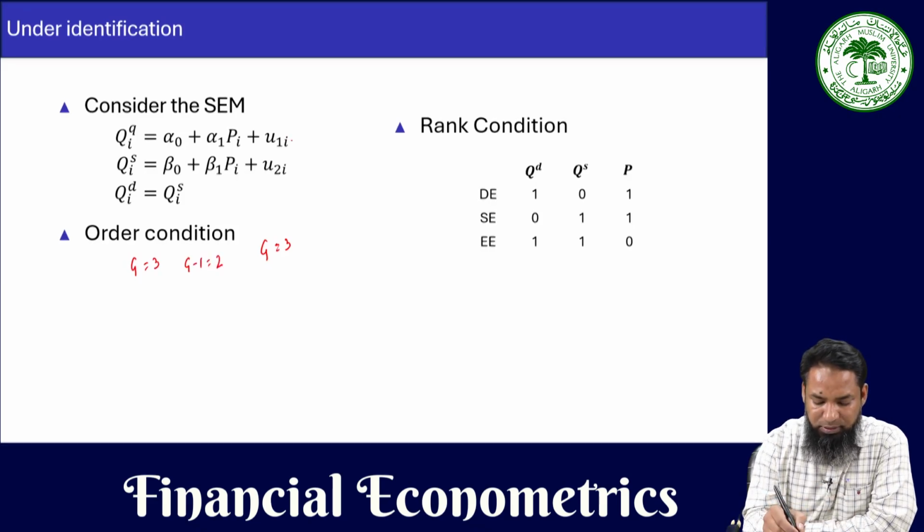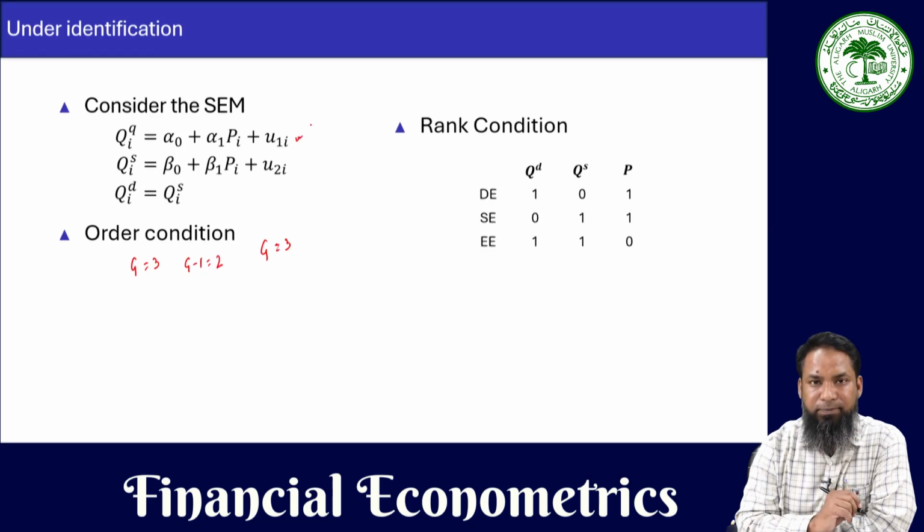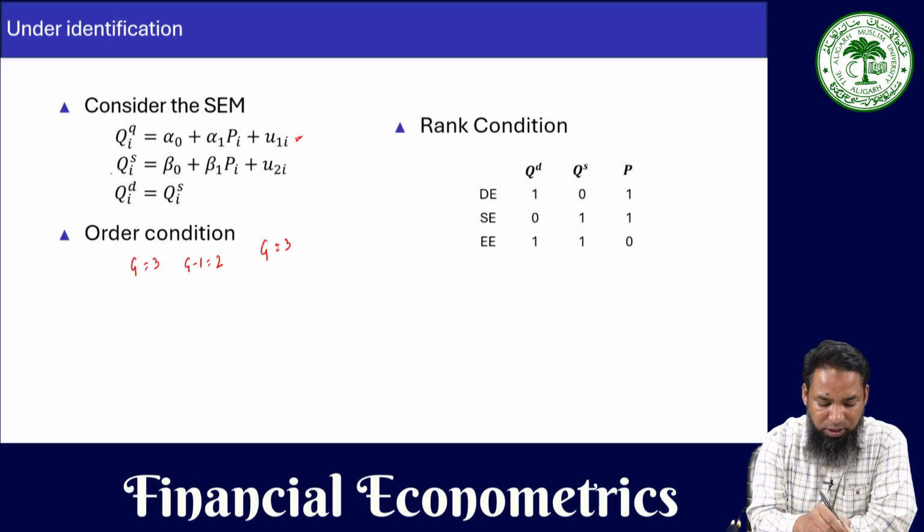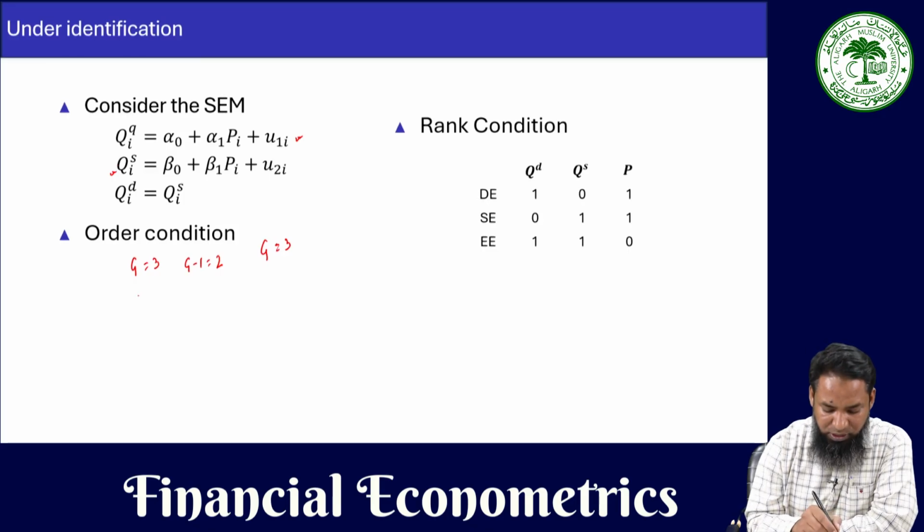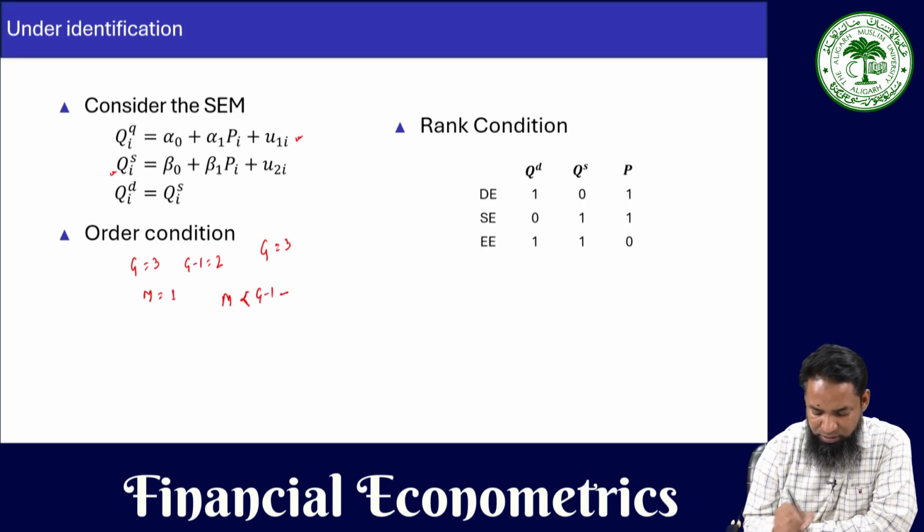Now let us take the quantity demanded equation. In the quantity demanded equation, what is the value of m, the number of missing variables? Only the quantity supplied is missing. So m is equal to 1. Since m is less than g minus 1, it is under identified.